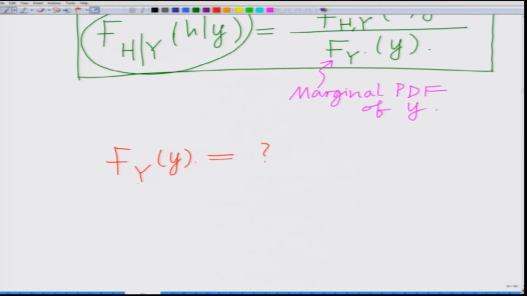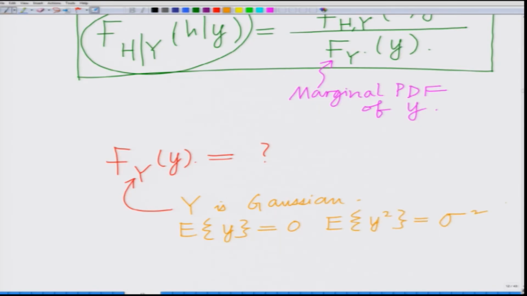What is this? We know that y is a Gaussian random variable. Expected value of y equal to 0 and expected value of y square equals sigma y square.